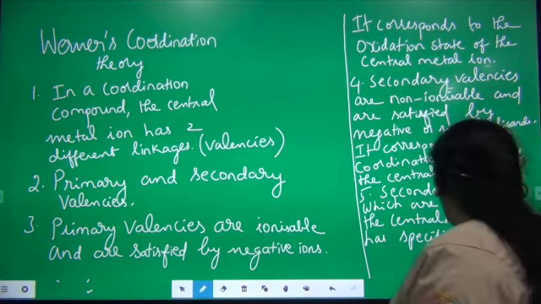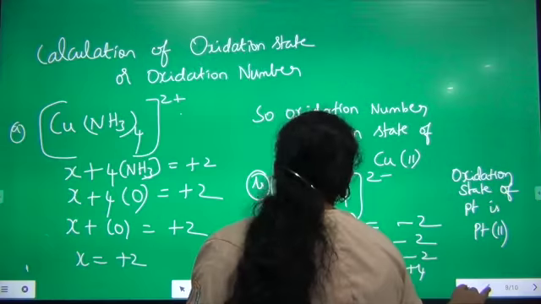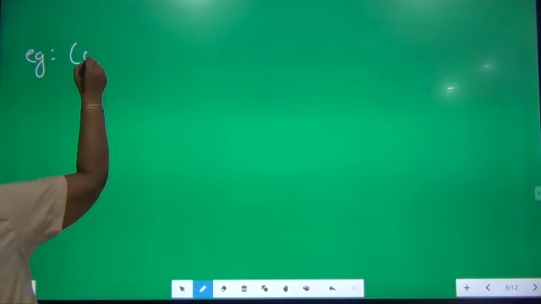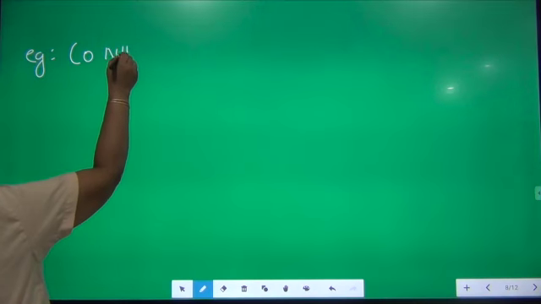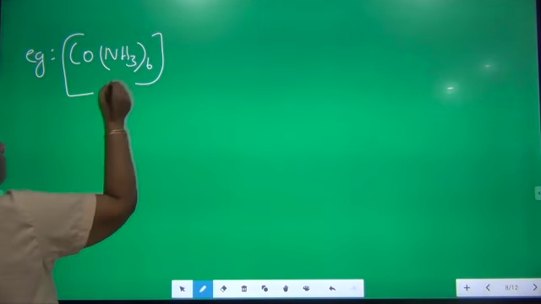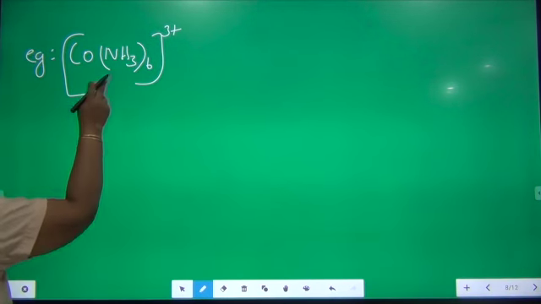For example, [Co(NH3)6]3+. Here the coordination number is 6.